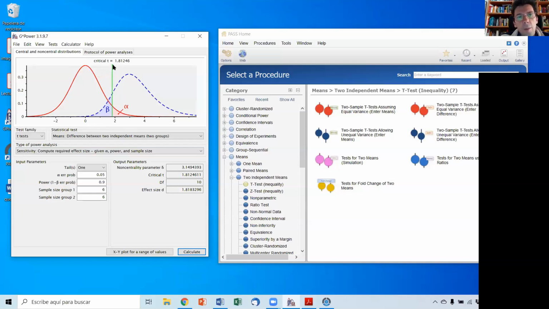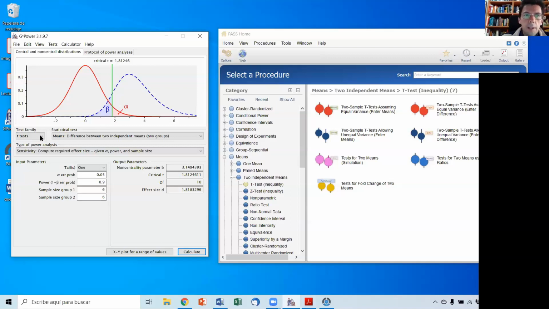And then we have to find a point such that beyond that point we will reject the null hypothesis. This point must be such that this area in red is alpha, the confidence level that we want, and this area on the left of the alternative is beta, the type 2 error rate that we want.